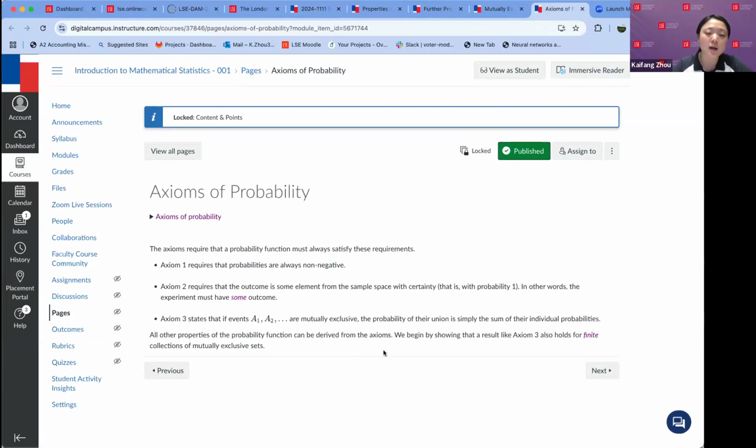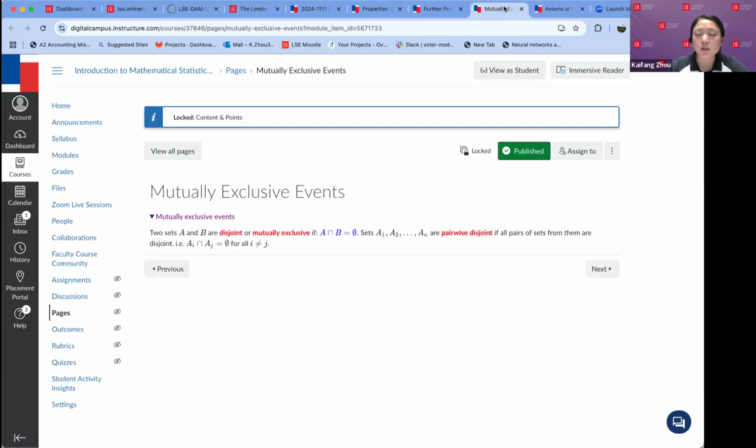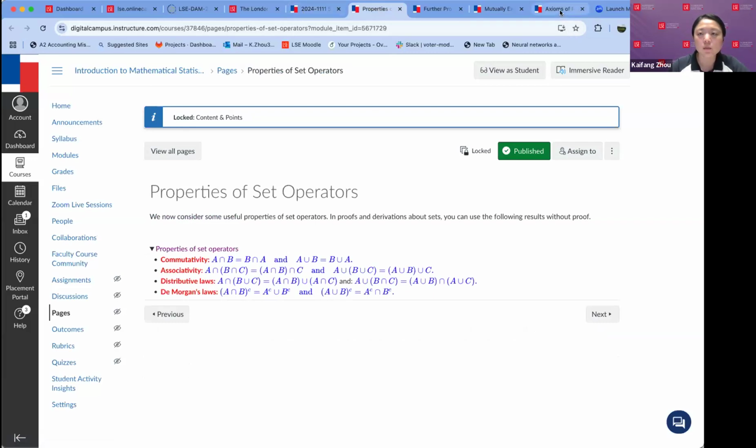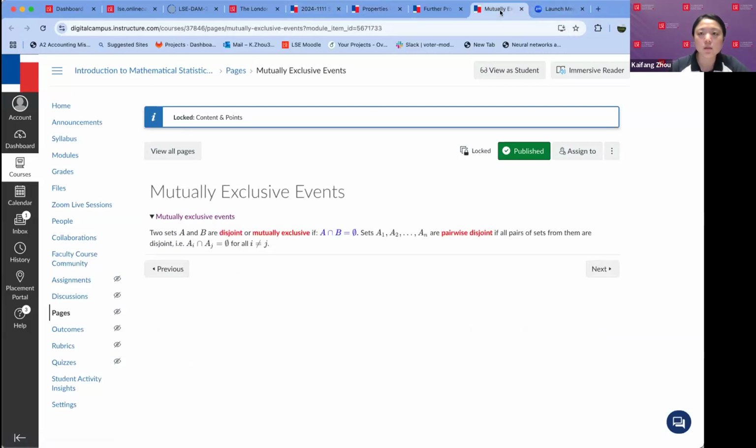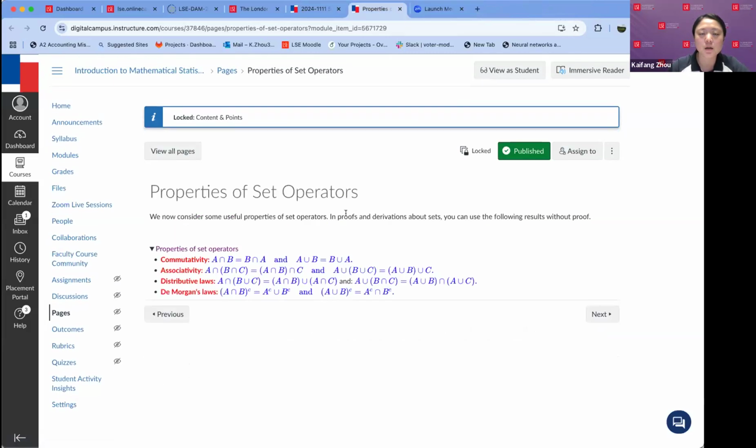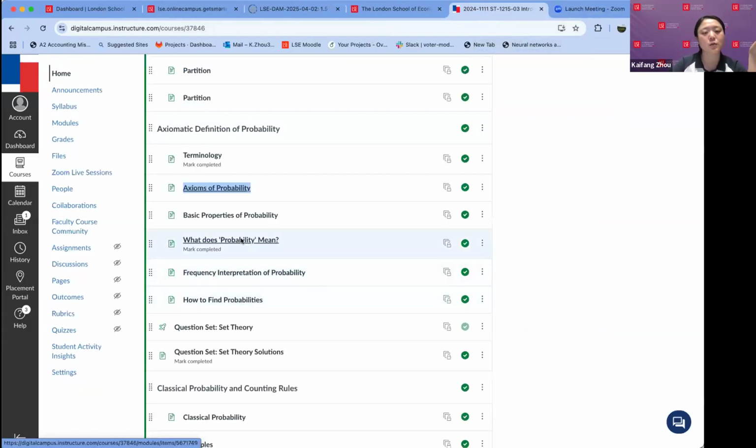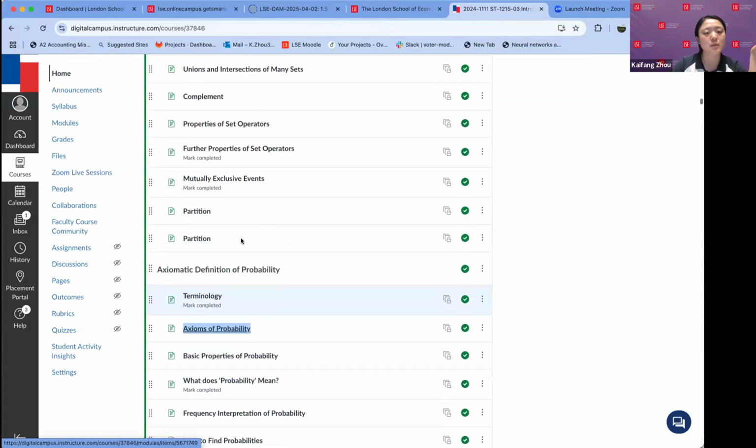Who knows, we probably will ask you to state them again this year. We're going to use the axioms again and again later in our course, which I will show you with some example questions. So this is the very brief summary of chapter 2.